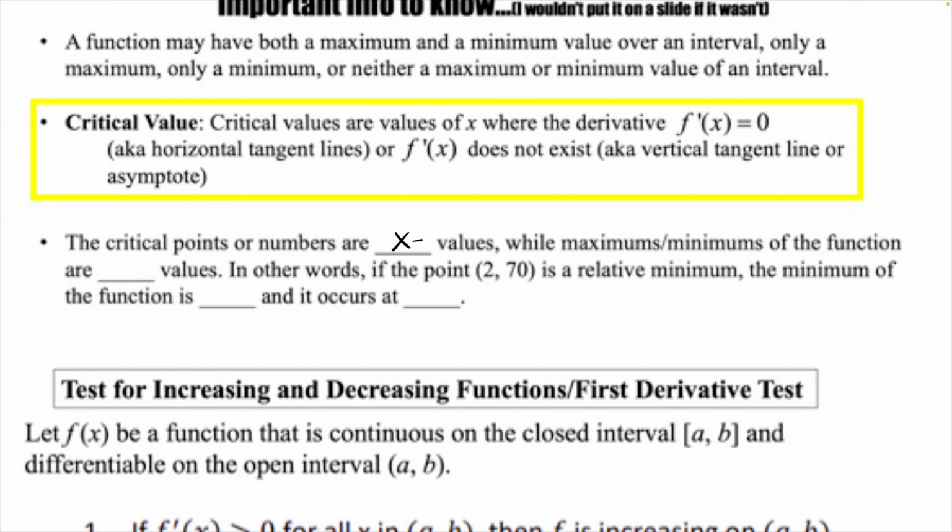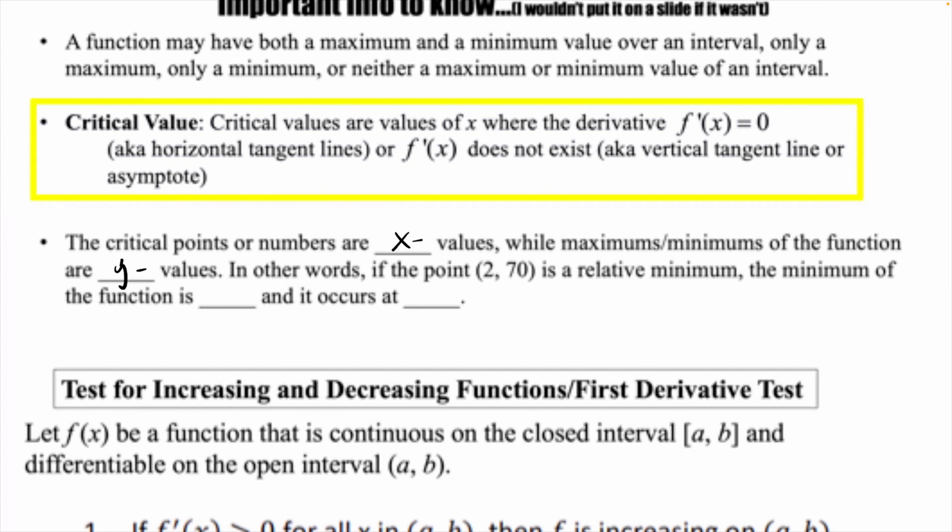So x is whatever. While maximums and minimums are the y values. So it depends on what they're asking. If they're asking for just the critical values or the critical points or critical numbers, just give the x's. X equals this, x equals that. But if they want to know what is the maximum or minimum, then that's the y value.